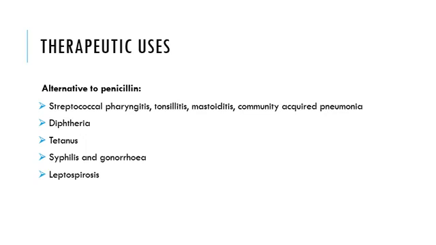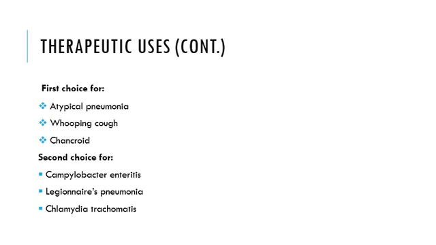Other uses are syphilis and gonorrhea as well as leptospirosis. As a first choice, erythromycin can be used for atypical pneumonia, whooping cough and chancroid, and as second choice for Campylobacter enteritis, Legionnaires pneumonia and Chlamydia trachomatis.